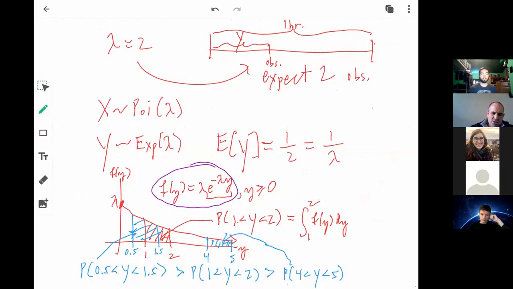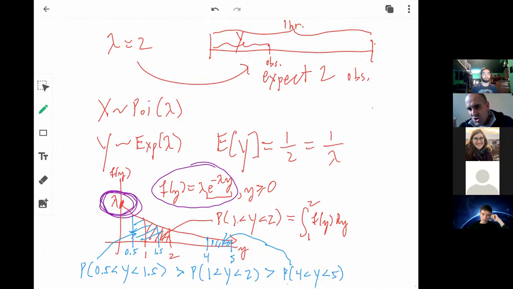Notice what's the leftmost value here in the graph of the density? It's lambda. If you plug in 0, you get lambda. Well, what if lambda was something like 7? Then the density is up to 7. So that can't possibly be a probability, right? It's too big of a number to be a probability.